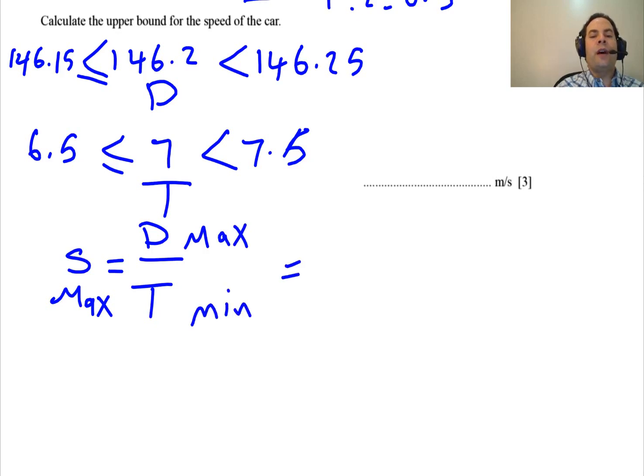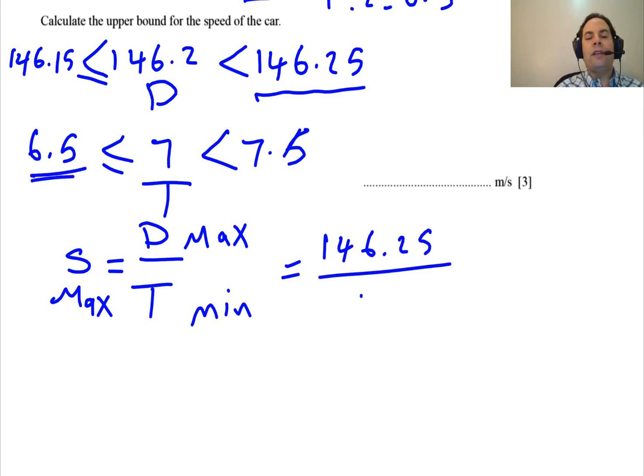So I will use the upper bound of the distance, which is 146.25, divided by the lower bound of the time, which is 6.5. Don't try to round your answer in this question. 146.25 divided by 6.5 gives the answer 22.5.